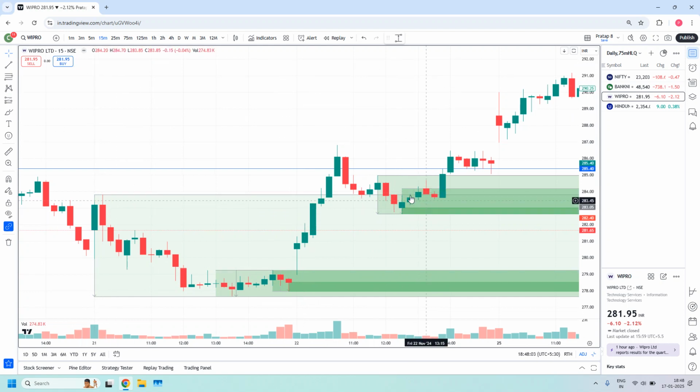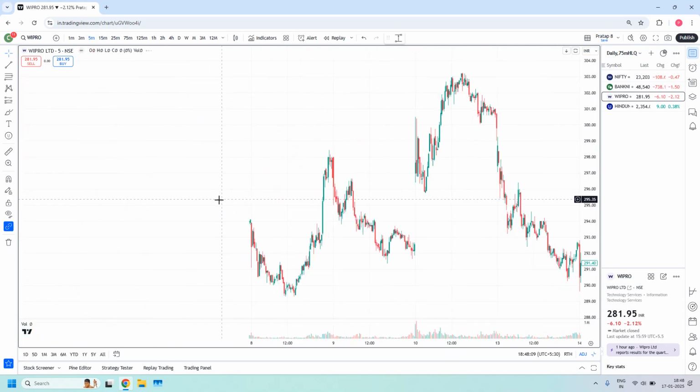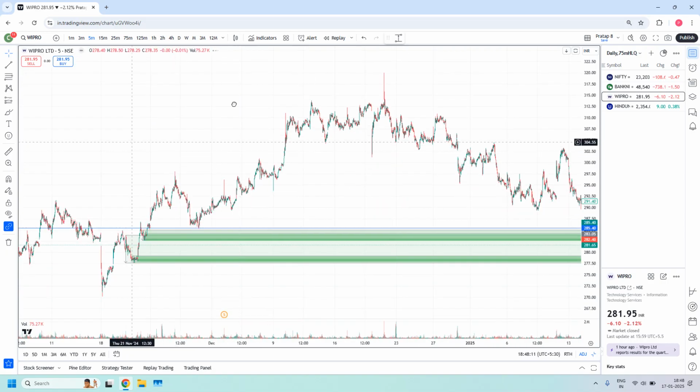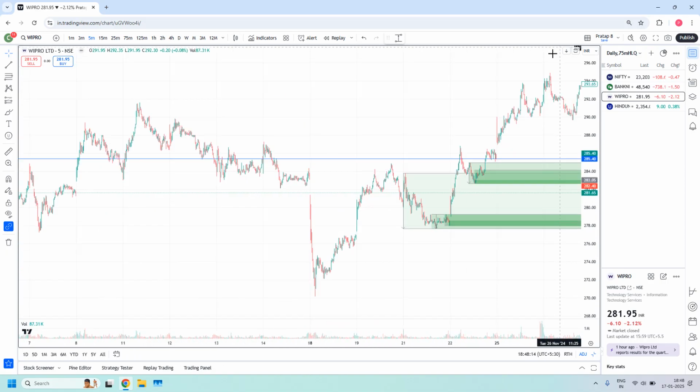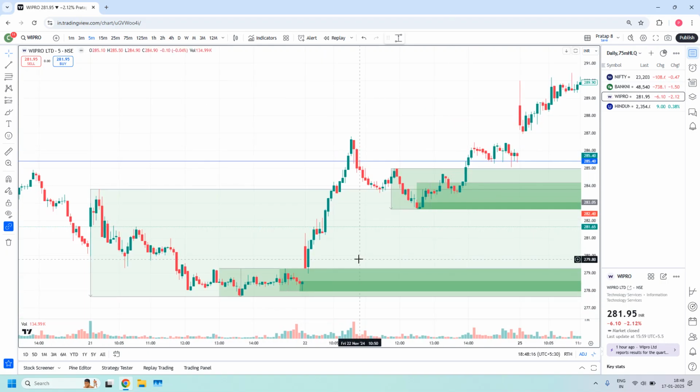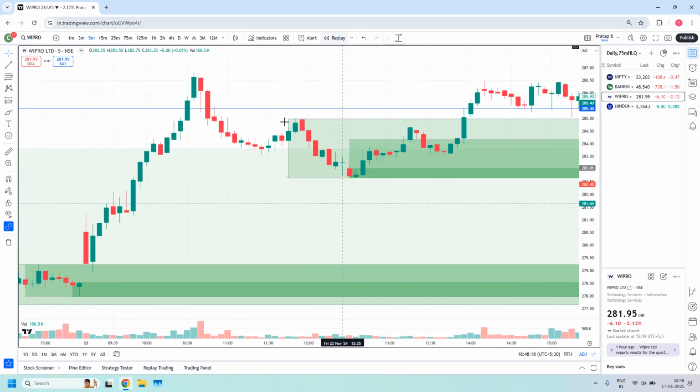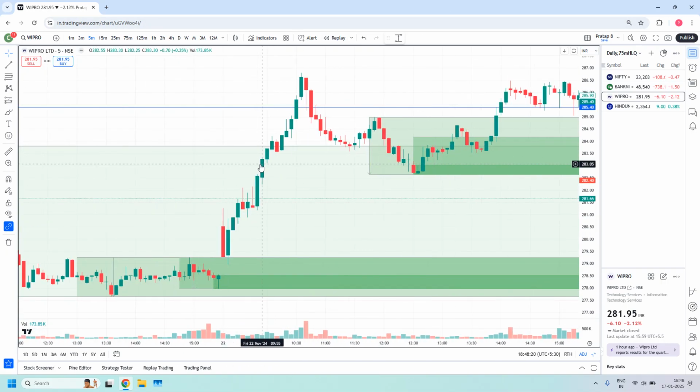Now again within these 15 minute zones, identify fine-tuned 5 minute zones. So I'm going to the 5 minutes time frame. Here in the 5 minutes time frame, first we will look into this.